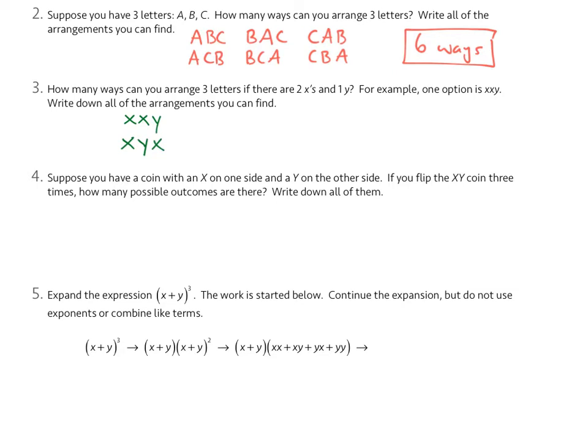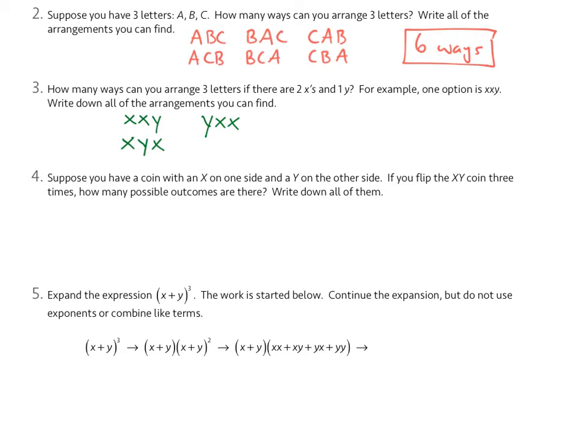We can move this y to the beginning to create another arrangement. That would give us y, x, x, and that's the only 3 options we have. We have one letter that is y, and the other 2 are x's. That y can either go in the third spot, or the second spot, or in the first spot. So we have 3 possible arrangements if there are 2 x's and 1 y.